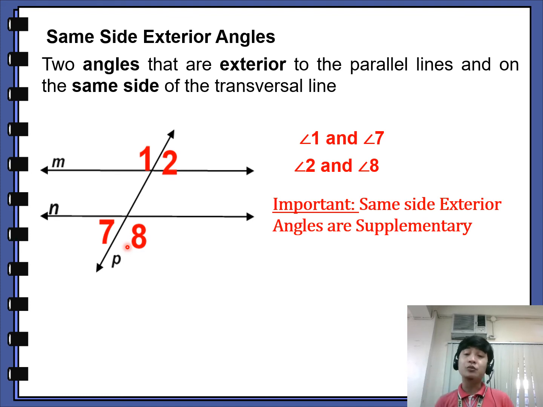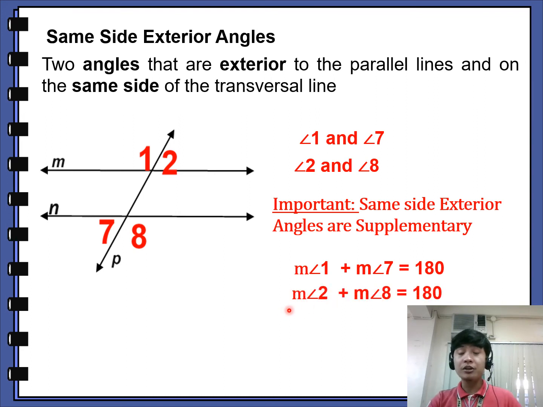The mere fact that we mention the term sum, as a result of this property here, we can say that the measurement of angle 1 plus the measurement of angle 7 is equal to 180. And the measurement of angle 2 plus the measurement of angle 8 is equal to 180. So, yun po yung concept ng same side exterior angle.